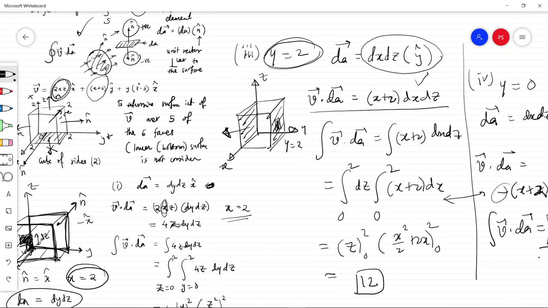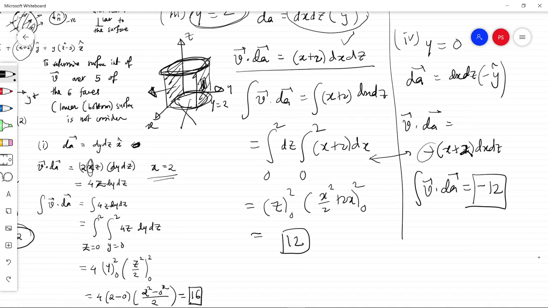Now the only surface left is the top surface. Since we have been told that we should exclude the bottom surface, let us not do this for the bottom surface. For the top surface, that is the fifth surface, the z coordinate value is 2. The surface element is dx dy z cap.